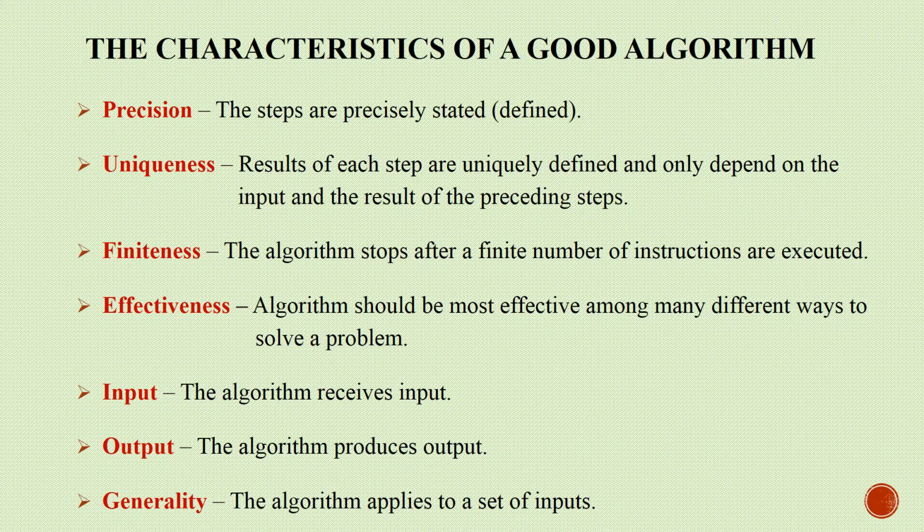So some important characteristics of an algorithm. Number one, the precision. How the different steps are precisely stated or defined in the algorithm. There has to be uniqueness in the algorithm. Every step in the algorithm has to be uniquely defined and hence should depend on the previous steps.